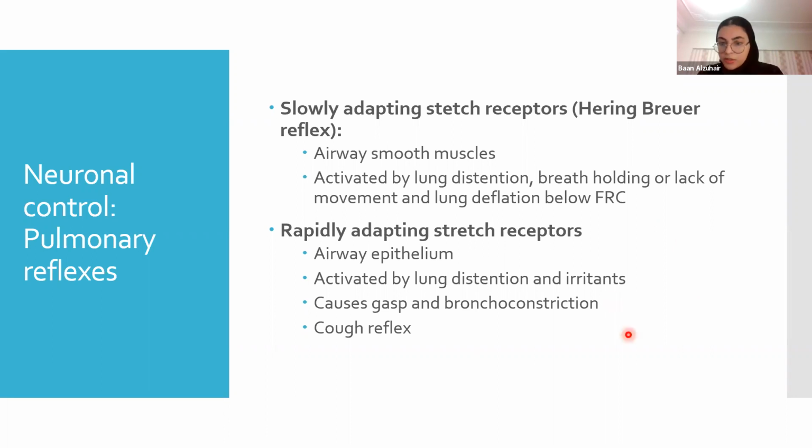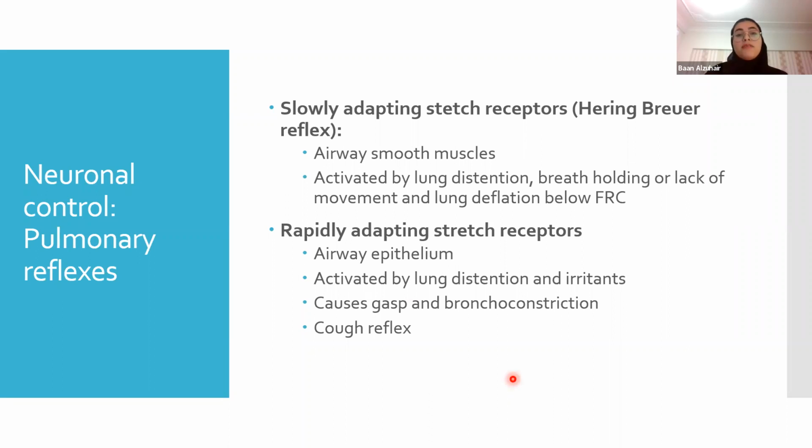Okay, let's make sure I didn't miss anything. Individuals that have lung transplants, they do not reattach the CNS fibers or the autonomic fibers back to the lungs. So the rapidly adapting stretch receptors are not able to send information back to the brain and the brainstem.